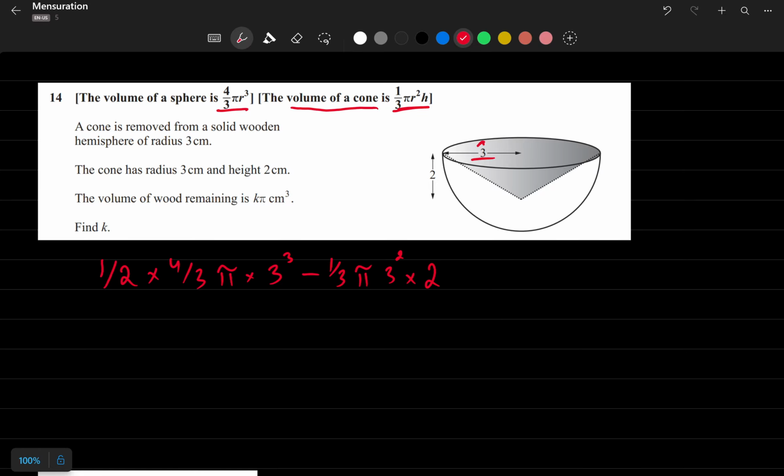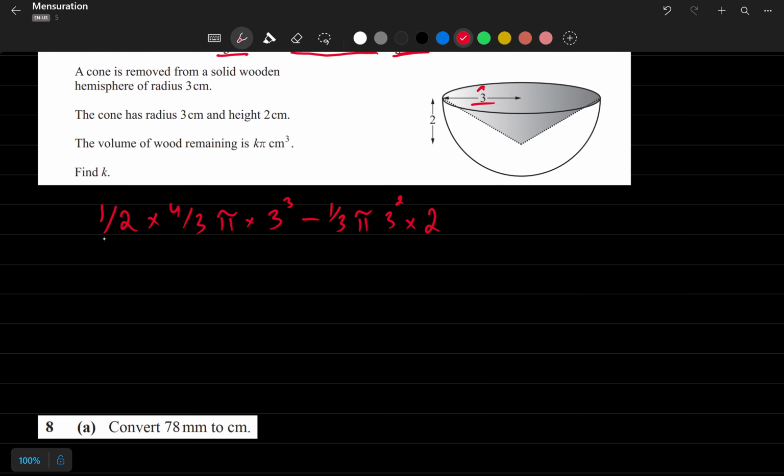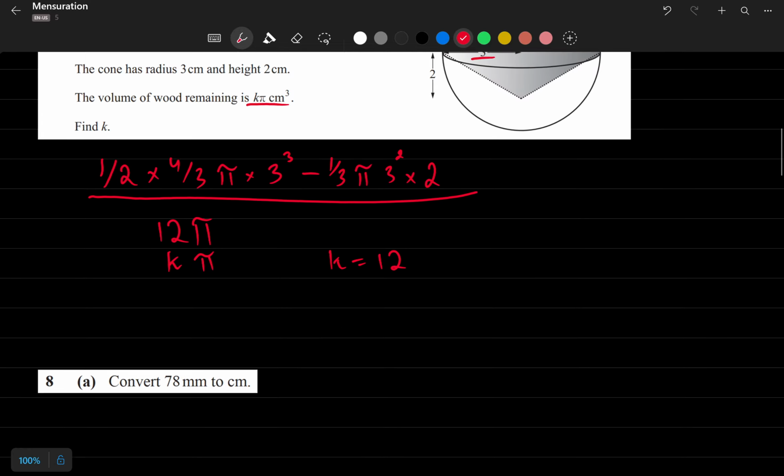Use this formula, put this whole equation on the calculator and you will get 12 pi. Now the remaining volume was k pi, so the value for k is equal to 12. So 12 is the final answer for this question.